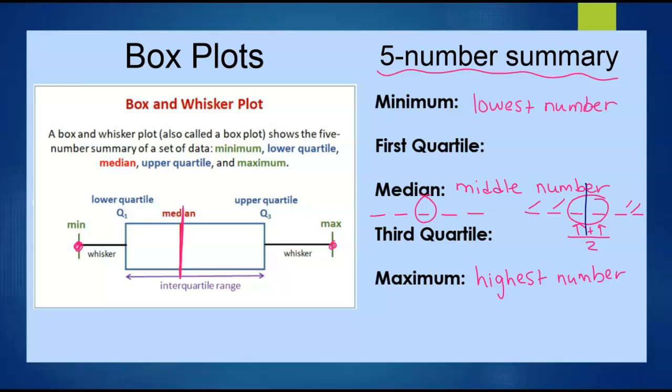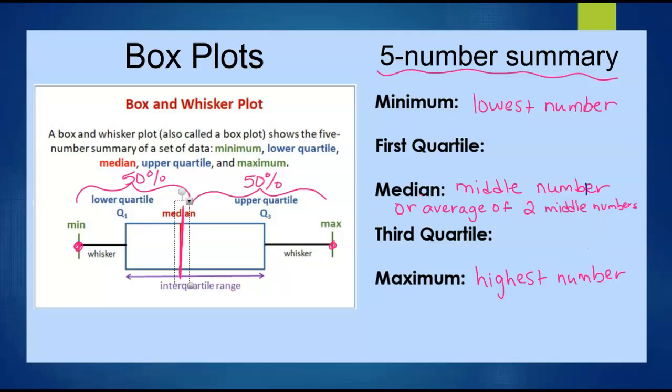Now, since the median is half of the data, that means everything from the median to the max is 50%, and everything from the minimum to the median is 50% of the data. The first quartile is found using this first half of data, and it's finding the median of that first half.